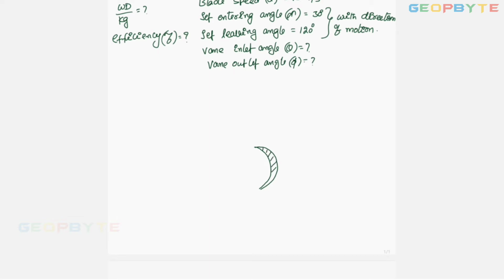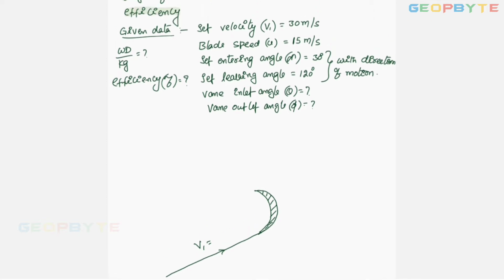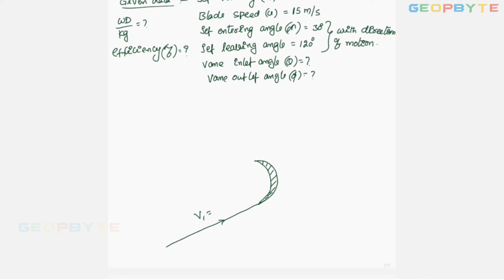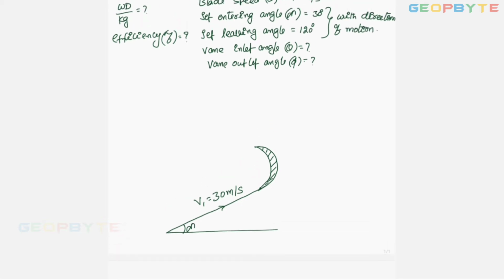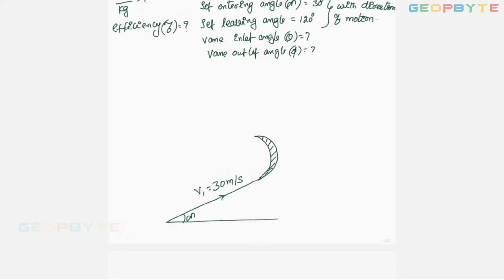For this blade, the jet is entering with a velocity v1. That v1 is given 30 meters per second. This v1 is making an angle alpha. This alpha is given 30 degrees.